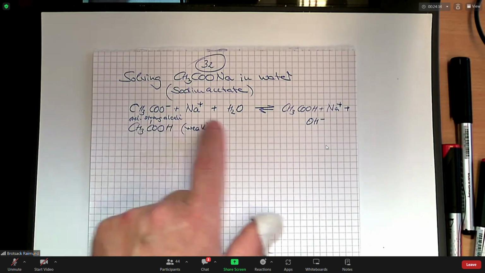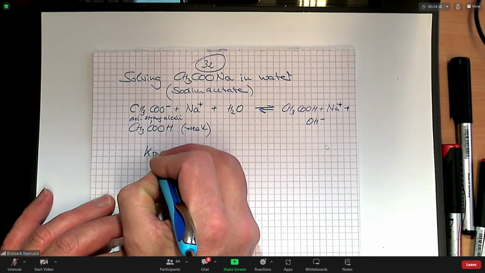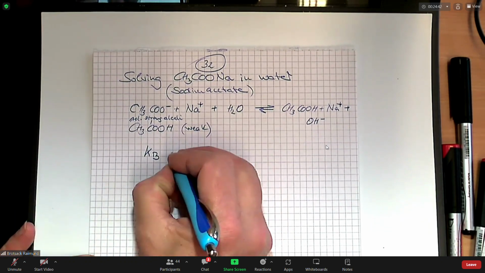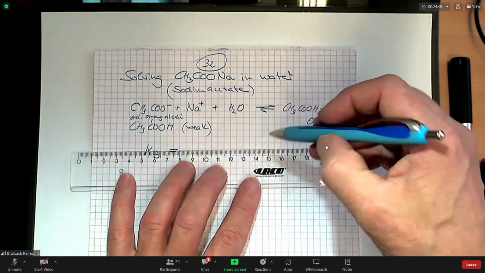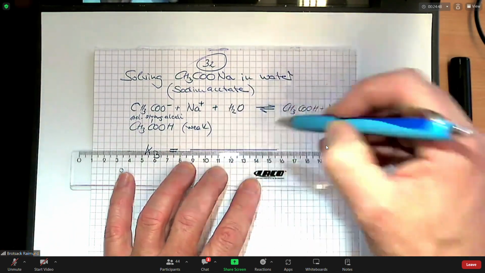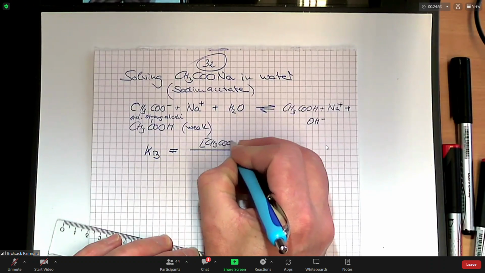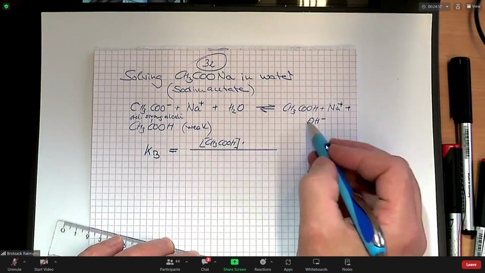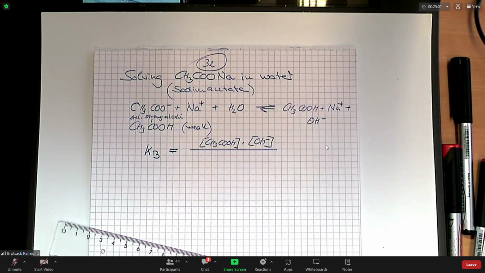When we now look at this reaction and write down the Kb, because this is an alkali, the base, we have to calculate the concentration of the acid, CH3COOH, times the concentration of the OH-. Of course, we don't have to consider the sodium ions.